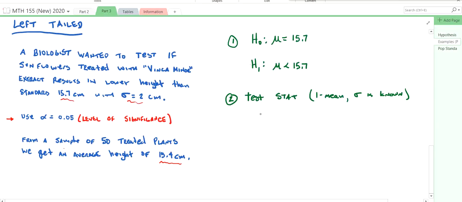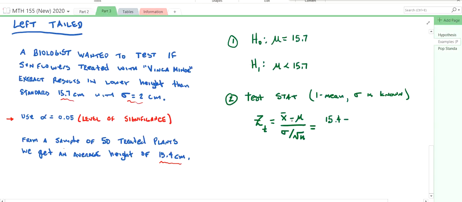So this means we're going to use the z term here for our test stat, and it's going to be x bar minus mu over sigma over square root of n. In this case, x bar is our sample mean, and our sample mean is 15.4.